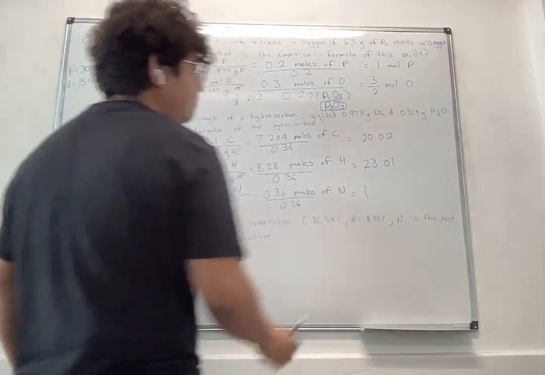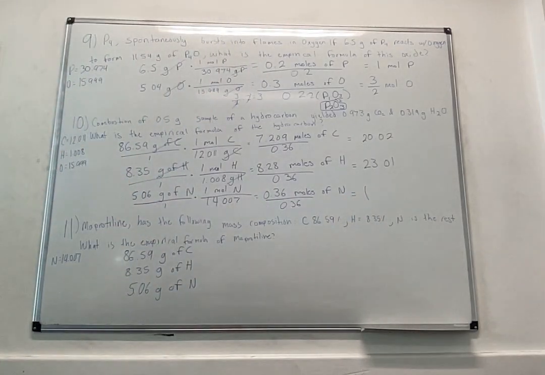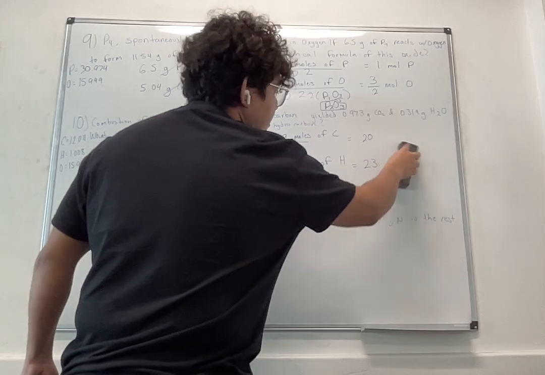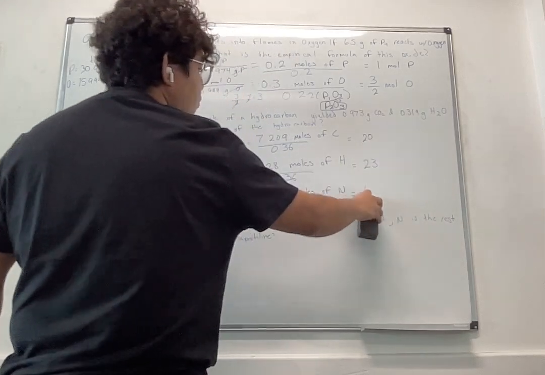Now remember, for empirical formulas, we only use whole numbers. So these decimals, we don't really need them. So 20, 23, and 1.